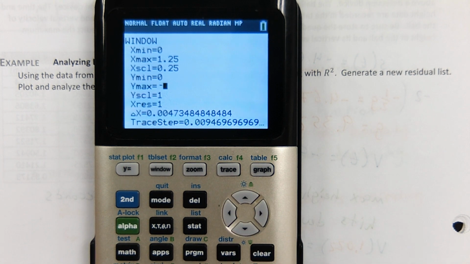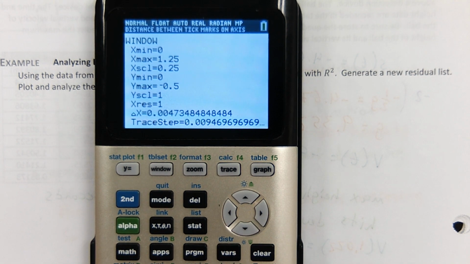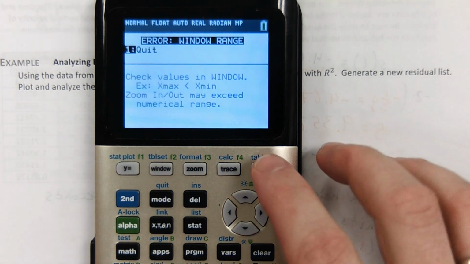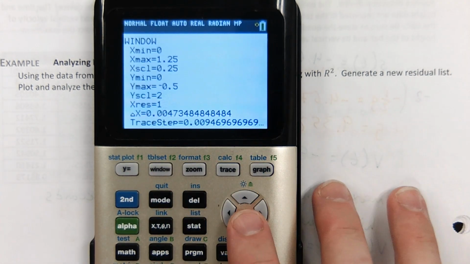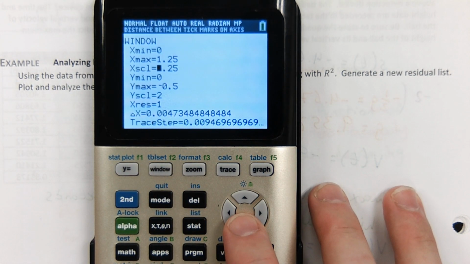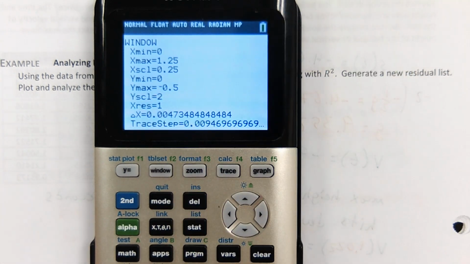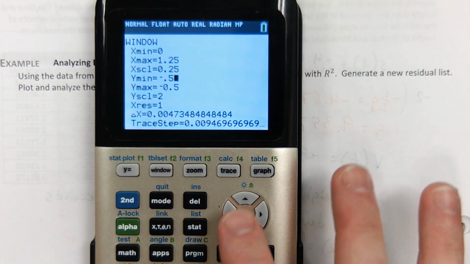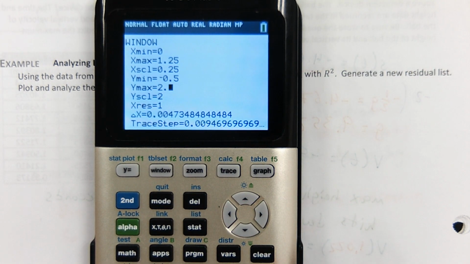But I'm going to go to negative 0.5 up to 2. Uh-oh, window range. What did I do wrong? Oh, whoops. Y minimum is negative 0.5. Y maximum was 2.5.